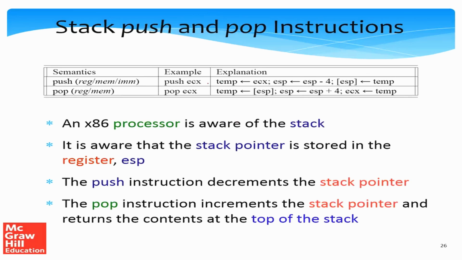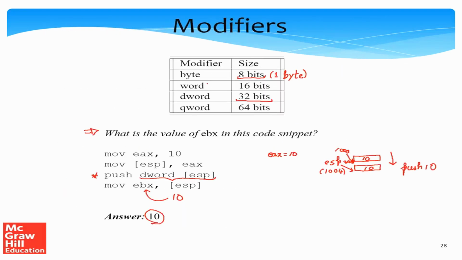Here, we first read the value of the push argument, whatever is being pushed, into a temporary variable. Then we subtract the stack pointer, and at the new location we push in this. The advantage of this is that just in case this argument contains the stack pointer, it will get taken care of, as we saw in this particular example.